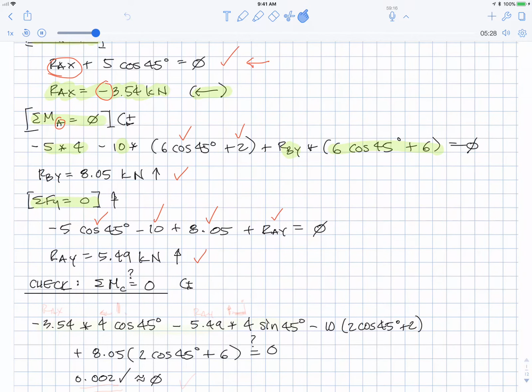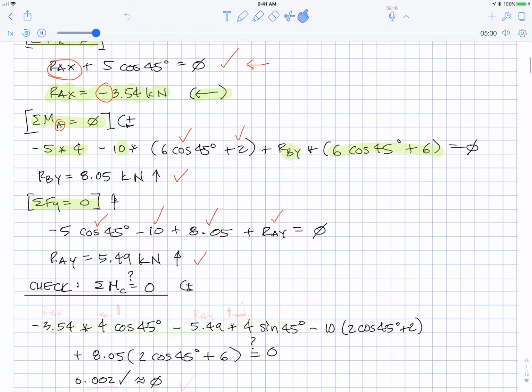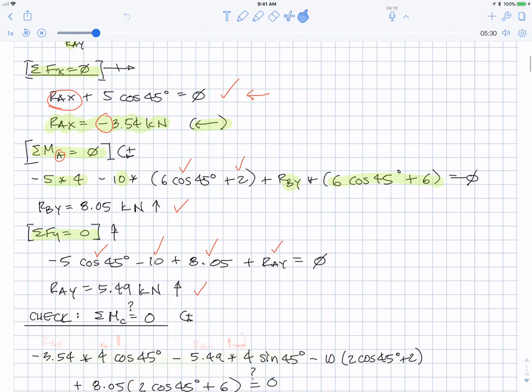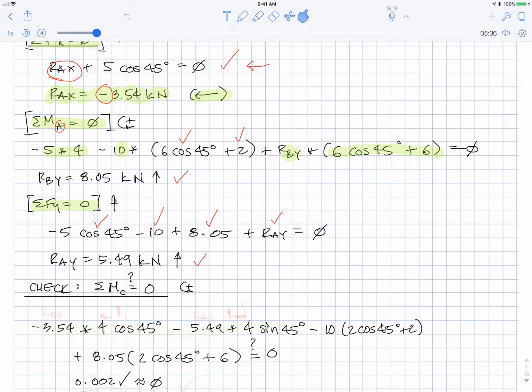The vertical distance, which is a perpendicular distance to RAx, is 4 cosine 45 degrees. Then RAy, which is 5.49, it has a horizontal distance because it's vertical. The perpendicular distance is horizontal of 4 times sine 45 degrees. So here we go right here.